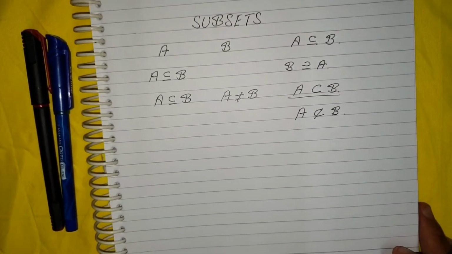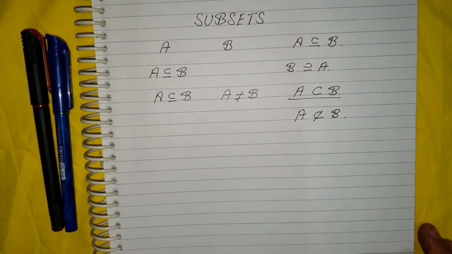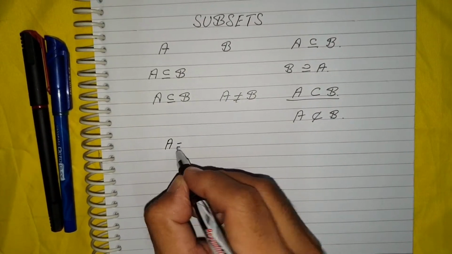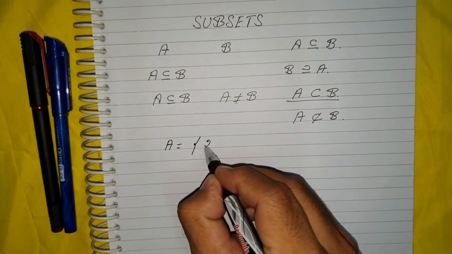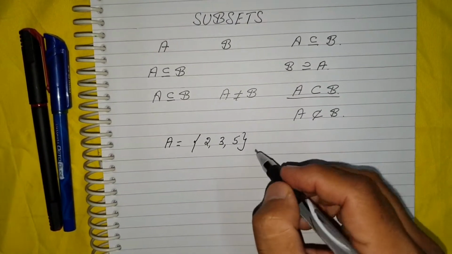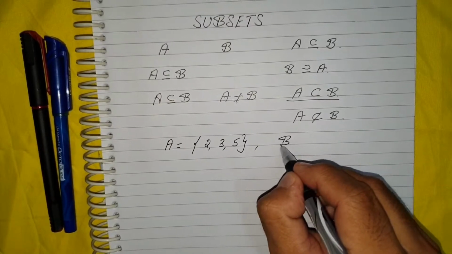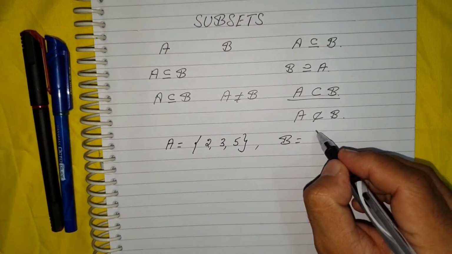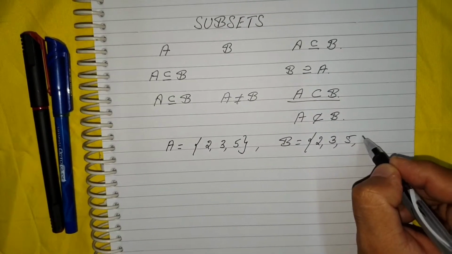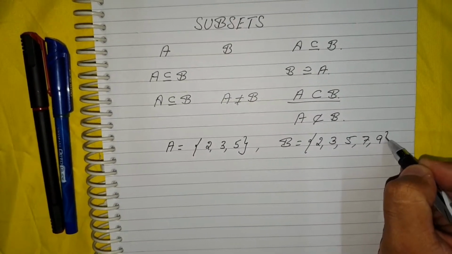Now we can illustrate them by an example. Take A as {2, 3, 5} and B as {2, 3, 5, 7, 9}.